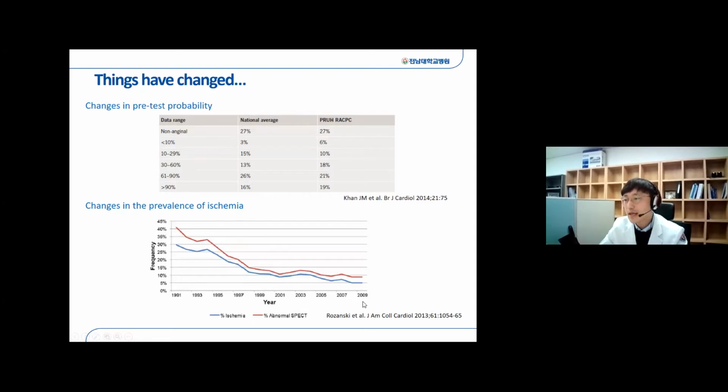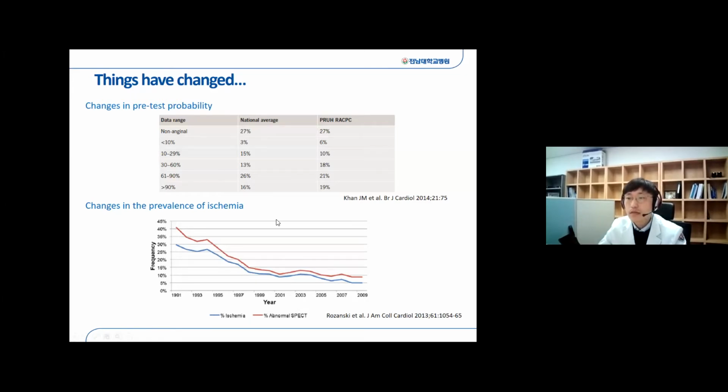And this data was published in 2013, and the actual data ended in 2009. So the prevalence might have further decreased to a lower level these days.